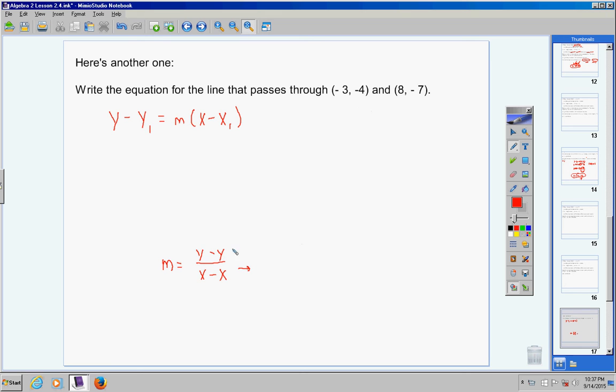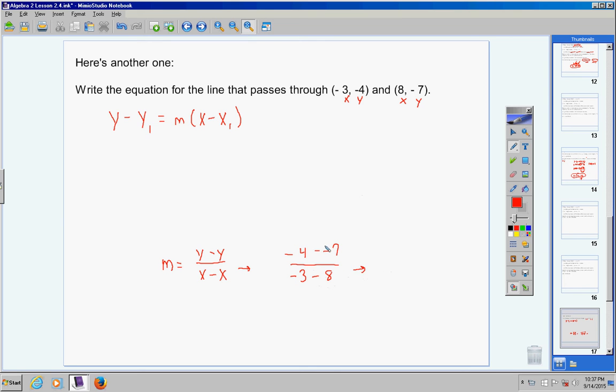So y minus y, here's my x, here's my y, here's my x, here's my y. My first y is a negative 4. And then minus, and then my second y is a negative 7. My first x is a negative 3. And then minus, my second x is 8. So here's what I have.